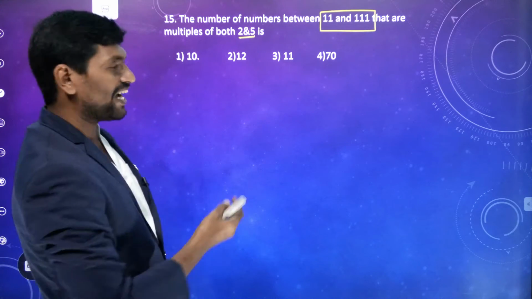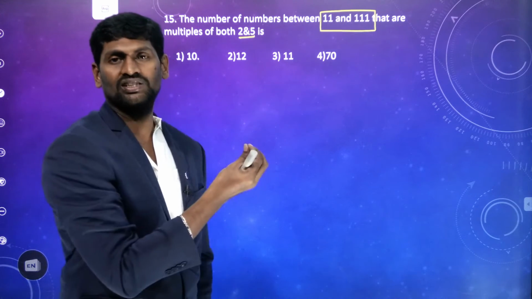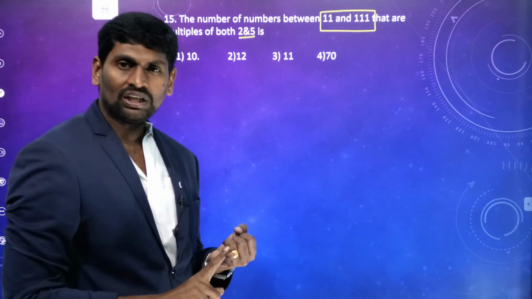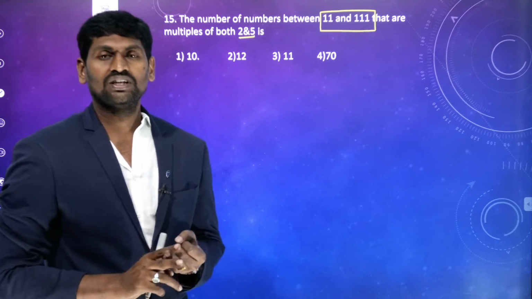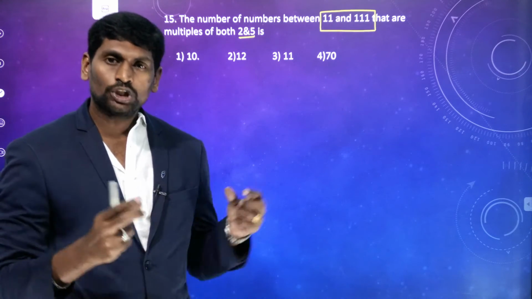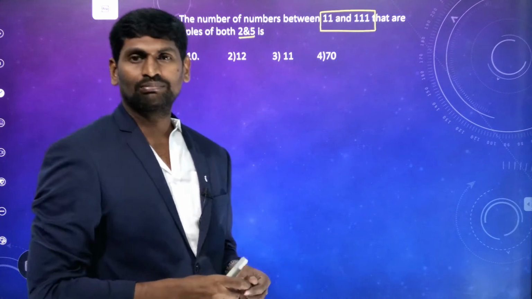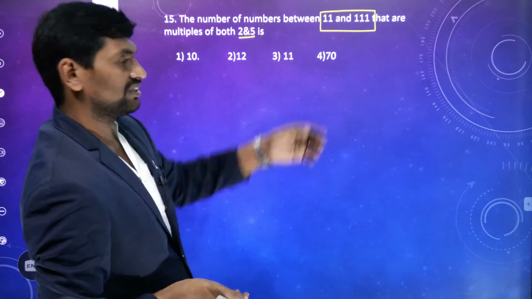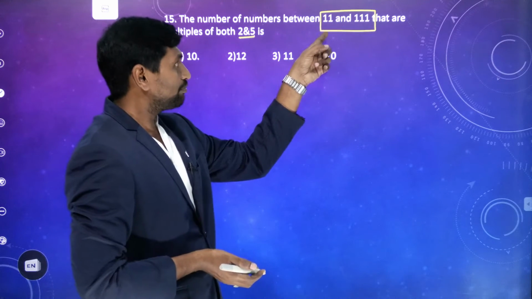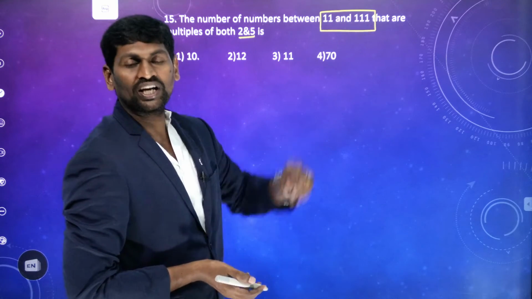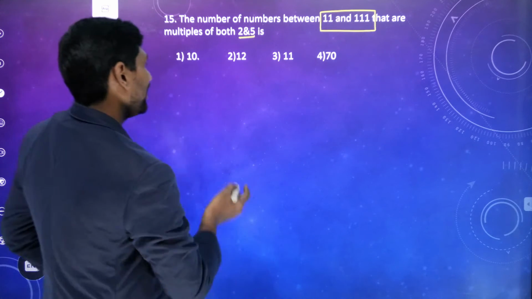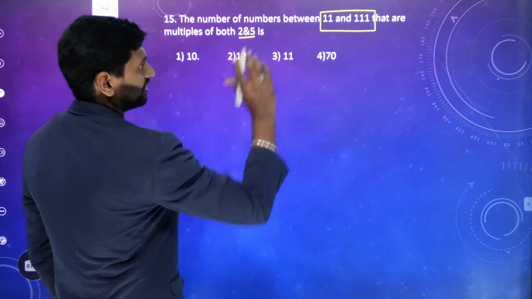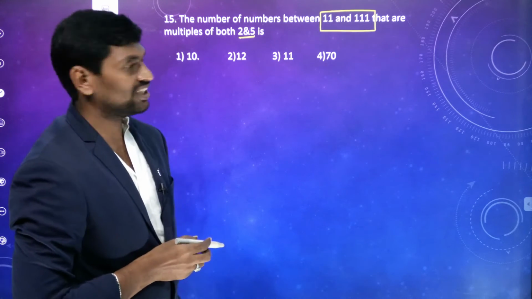That means we have to choose numbers that come in the 2 table and the 5 table as well. Both coming in the same number is nothing but the 10 table. So we are checking the multiples of 10 between 11 and 111.